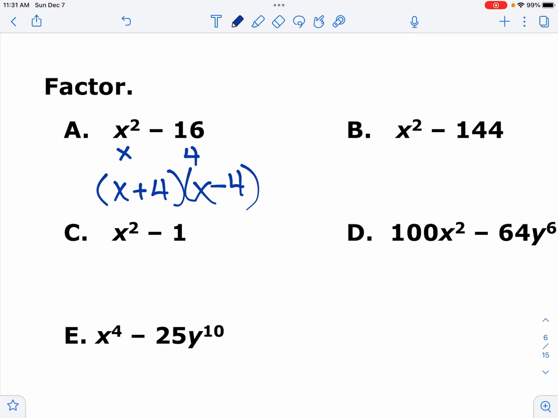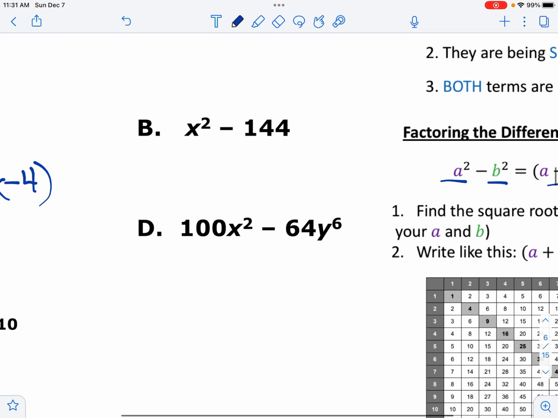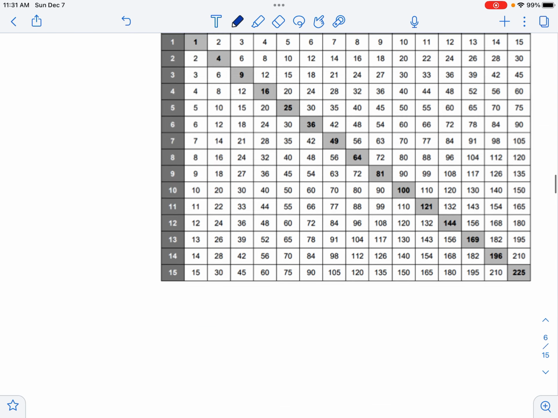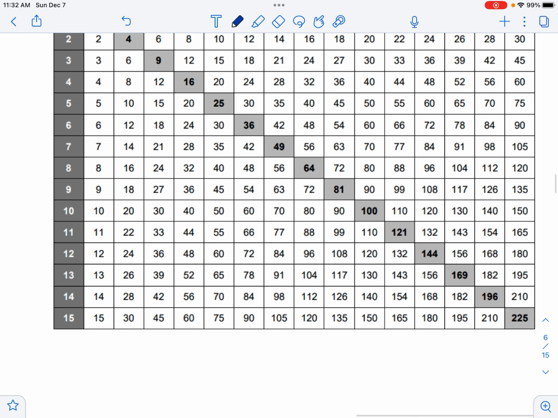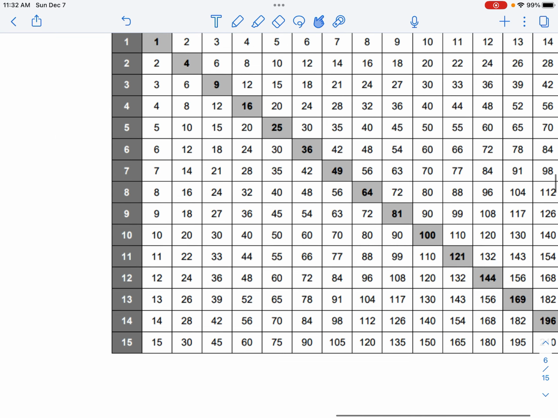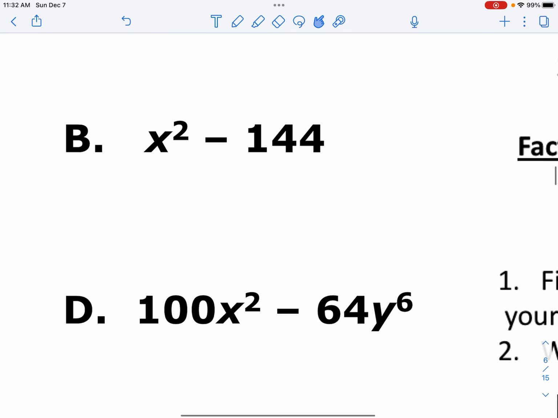That's how you factor those. So 144, you'll notice that's on my chart. That's right there. And that's 12 times 12, right? So I know that x squared is a perfect square. The square root of that is x, and the square root of this is 12.